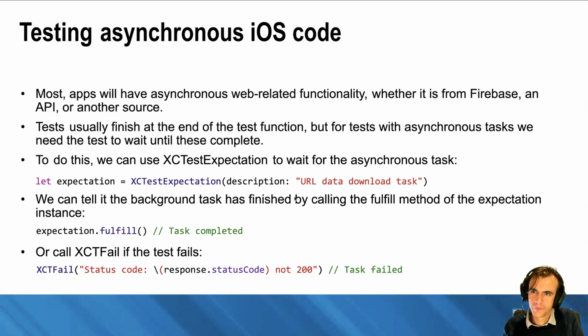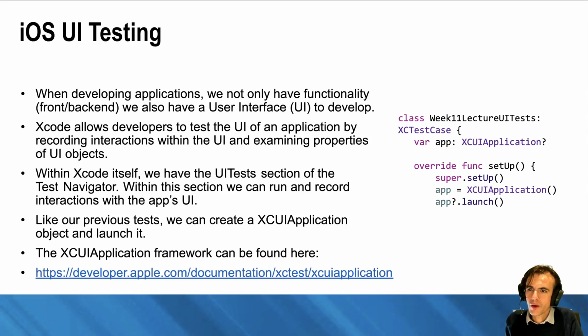The final thing I want to talk about is UI testing, and this is quite interesting and I think quite fun. What we often want to do is simulate the user interacting with the user interface and check that it behaves in the way we expect.